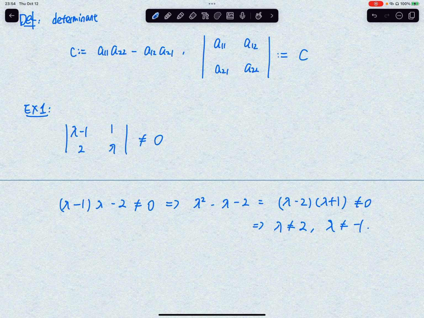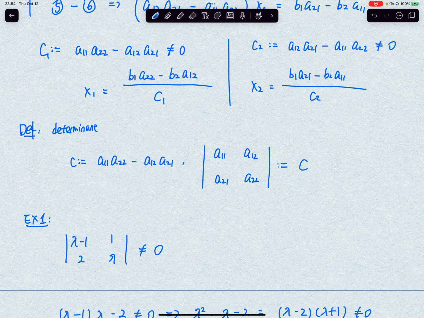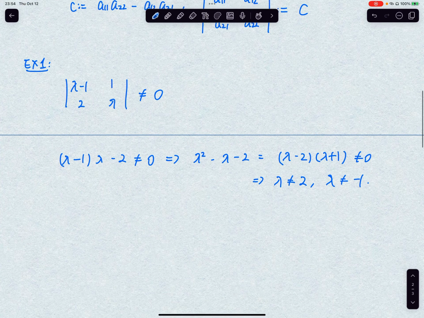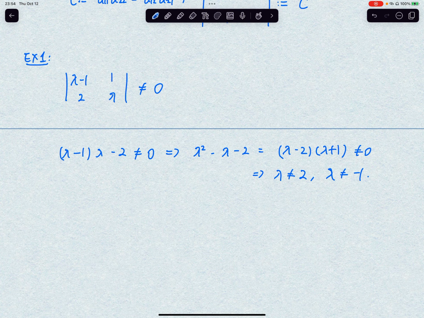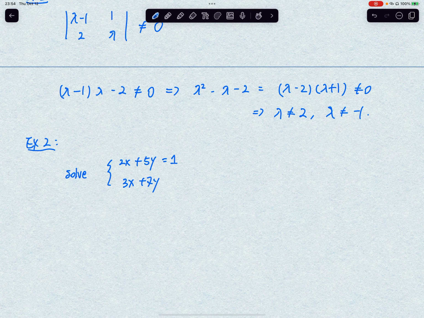And since the term determinant is derived directly from solving linear equations, we can use this determinant to solve the linear system. So, an example. Suppose we are going to solve the linear system 2x plus 5y equals 1 and 3x plus 7y equals 2.